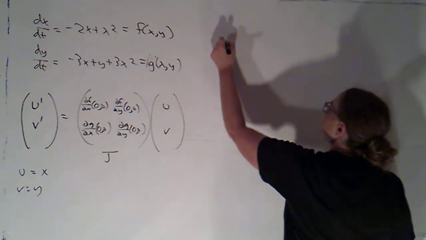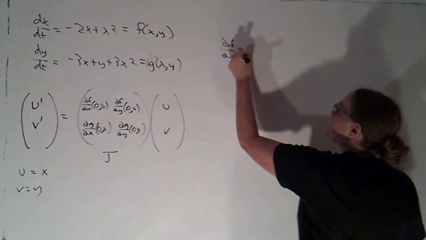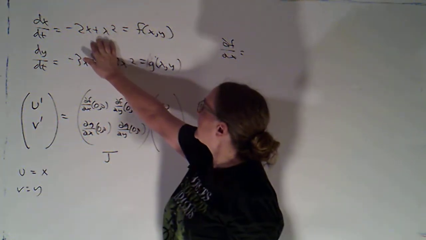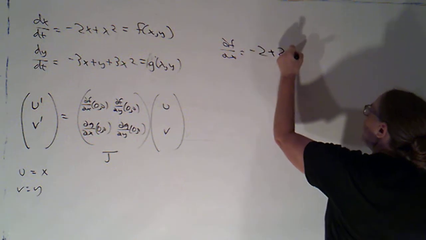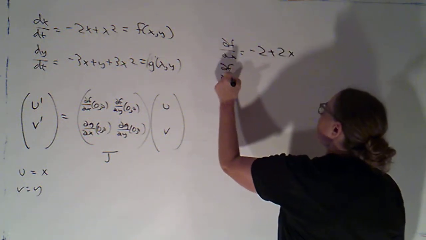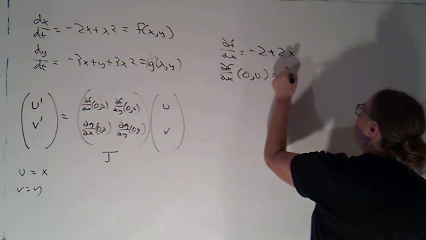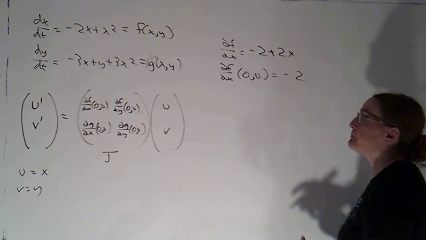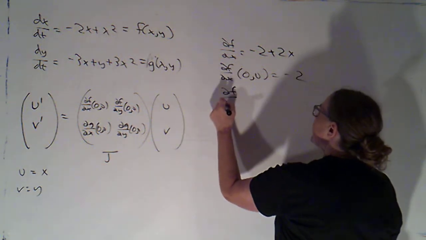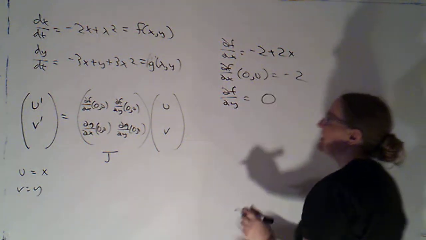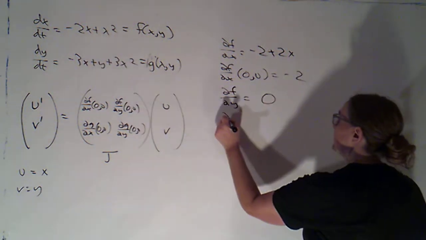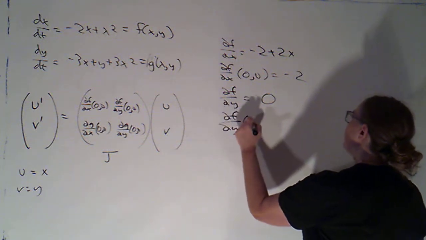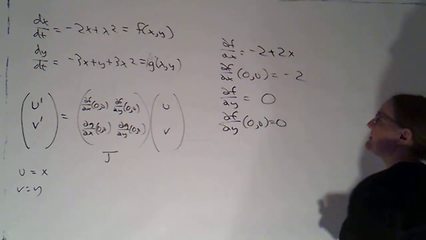All right, let's see what this is. Partial of f with respect to x. Looks like I'm going to get a negative 2 plus 2x. So the partial of f with respect to x at the origin is just negative 2. Partial of f with respect to y is 0 everywhere, because there are no y's in here. So if it's 0 everywhere, then in particular, it's going to be 0 at the origin.